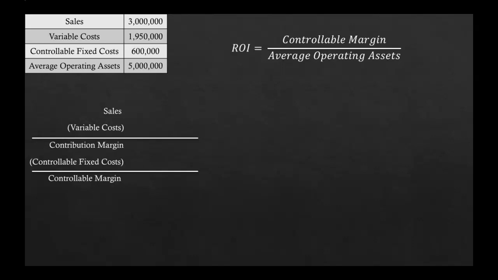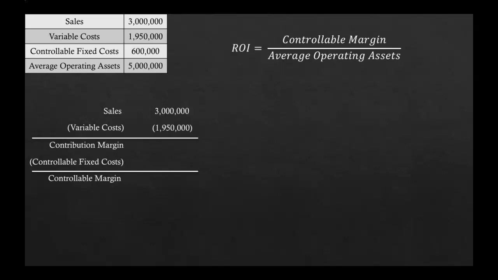So we have our ROI formula. That's your controllable margin divided by your average operating assets. Now make sure that you are using your controllable margin and not your contribution margin. So your controllable margin, you can see how we can find that over on the left right now. You take your sales of 3 million.